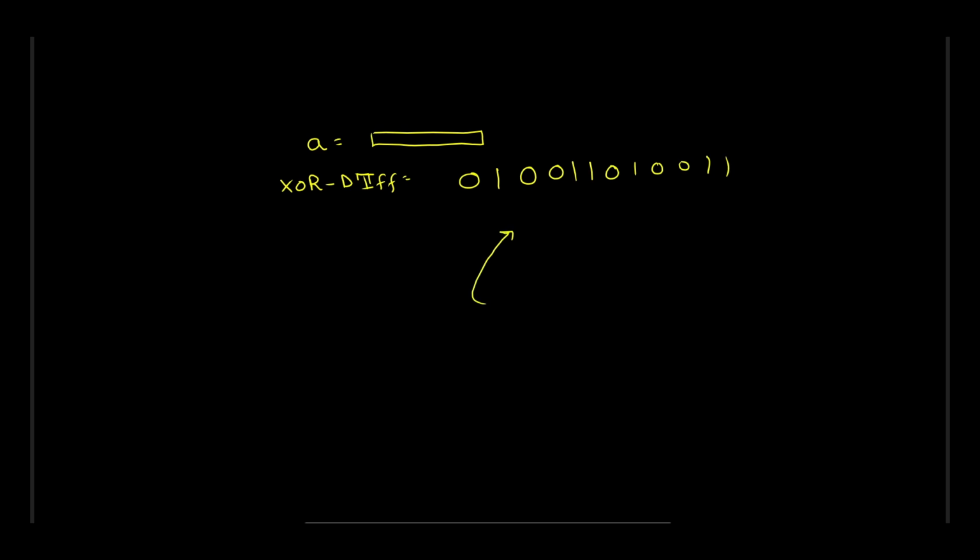You know that in the XOR diff array you are allowed to select any two elements and flip them. So of course you would select these two ones and flip them so that they become 0, and then you will select these two ones and flip them so that they become 0, and then you will select these two elements and flip them so that they become 0. So in this version it is very easy to prove that the answer is the frequency of 1 divided by 2, or basically the sum of all elements divided by 2.